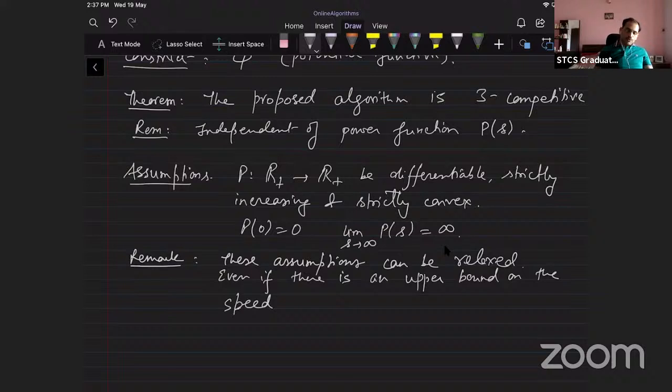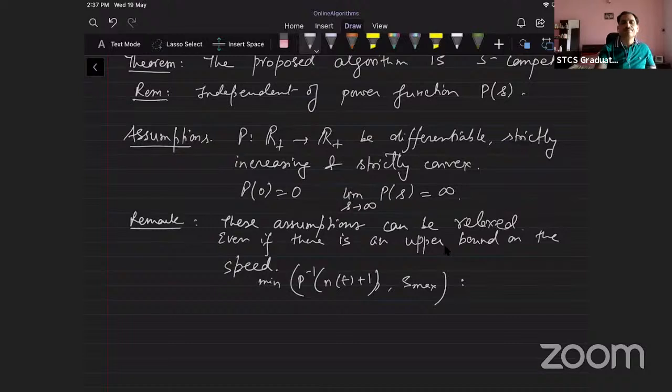In that case, with an appropriate change to this algorithm, where essentially you will just do the minimum of P inverse of N of T plus 1 and, let's say, S max, this will essentially give you the same result. So this you will prove in homework. It's an interesting observation.